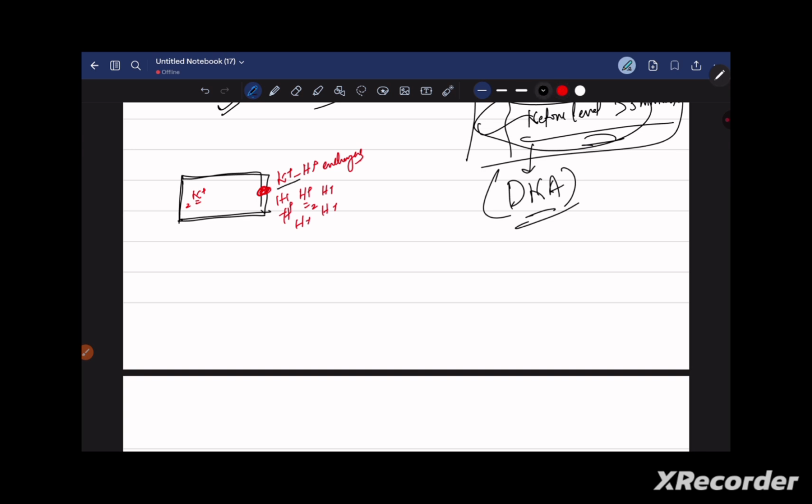These potassium hydrogen exchangers will become active, leading to increased intake of protons inside the cells, and in exchange for the protons, the potassium will be released into the blood. So initially it will lead to a state of hyperkalemia.